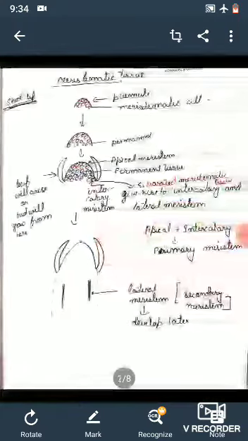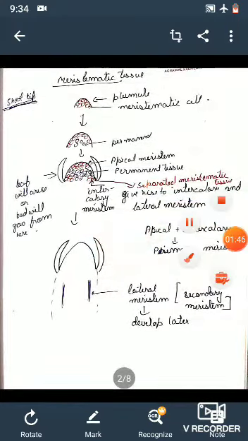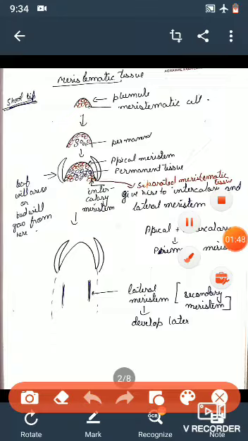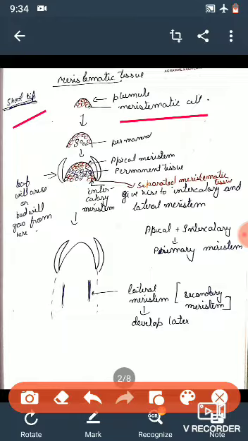Next is the shoot tip, where the apical meristem is present. In this, plumule is there, which have the meristematic cells. They can divide actively. When they are dividing, some of the cells are meristematic and some cells becomes permanent.